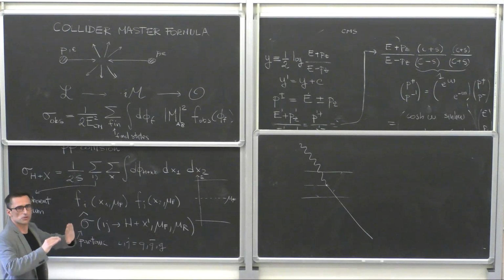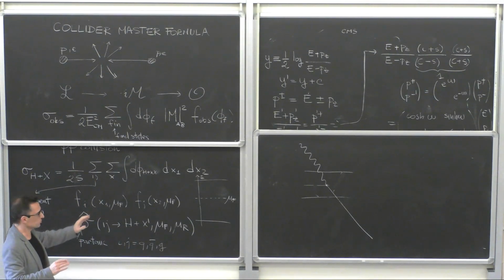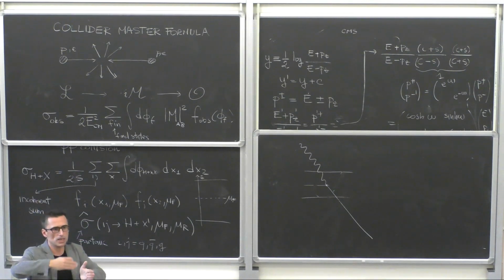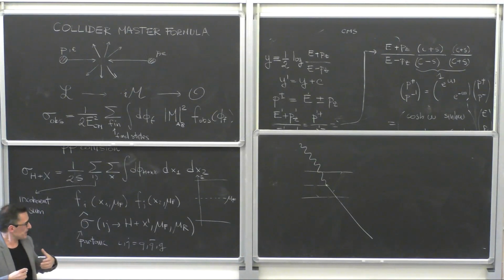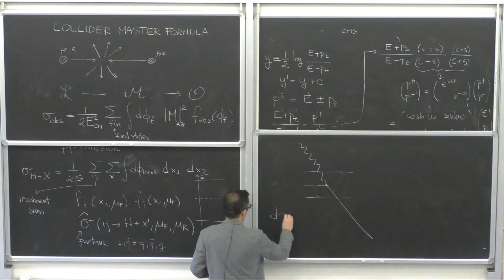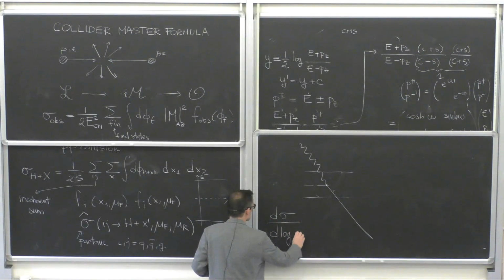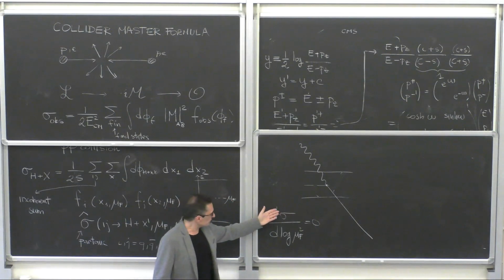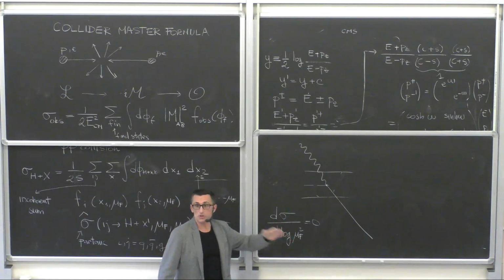And then at tree level, I have no problem. I can choose mu_F as I want, basically, because there is no rule. But when I compute things at higher orders, I have to impose that my cross section at the end will be independent of this scale mu_F. Okay? So the derivative with respect to mu_F is zero.